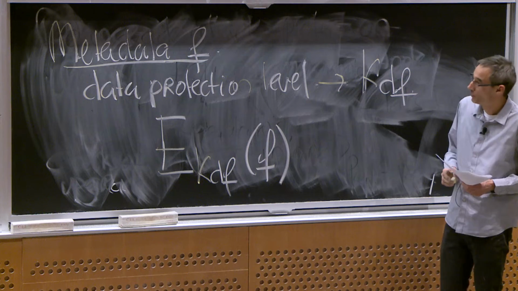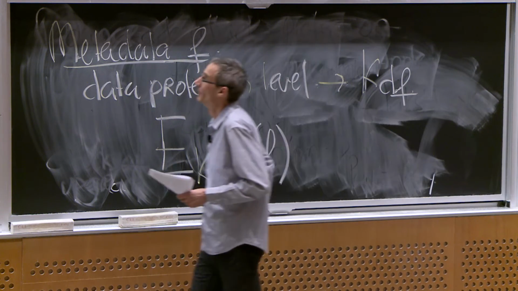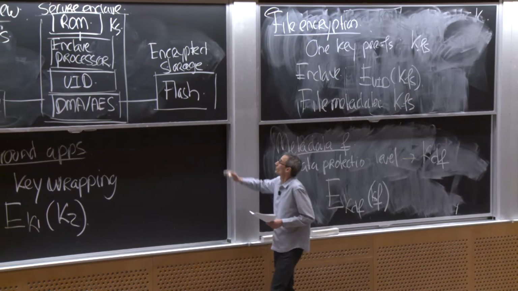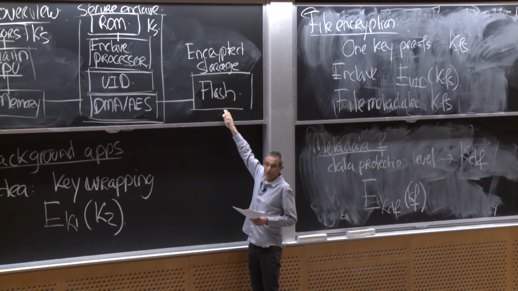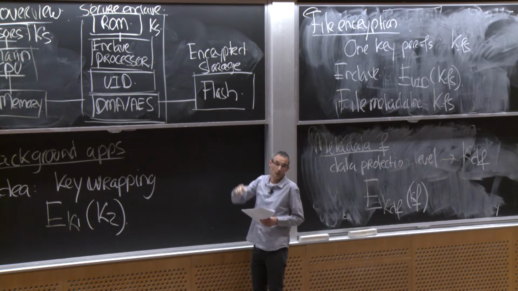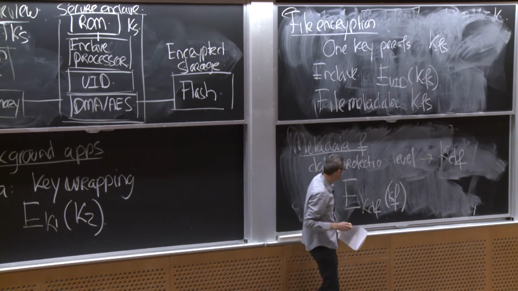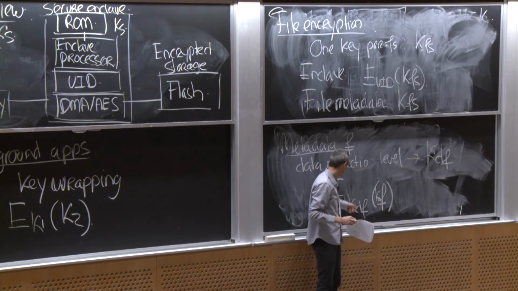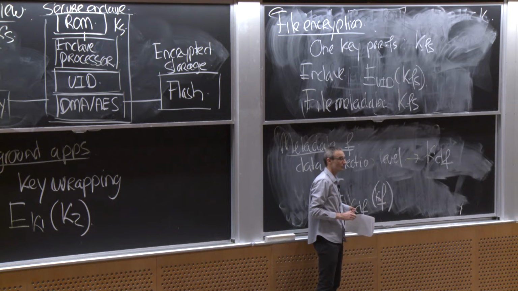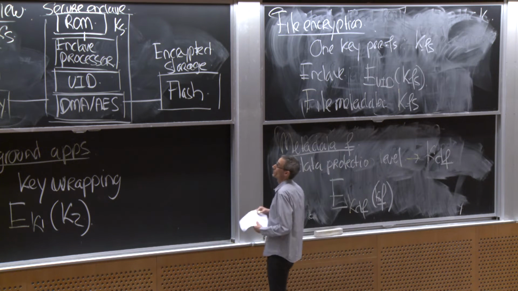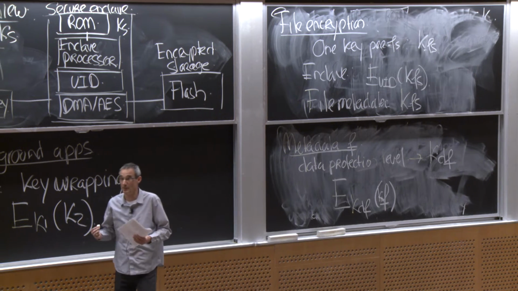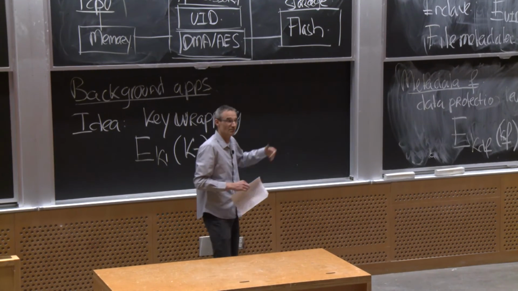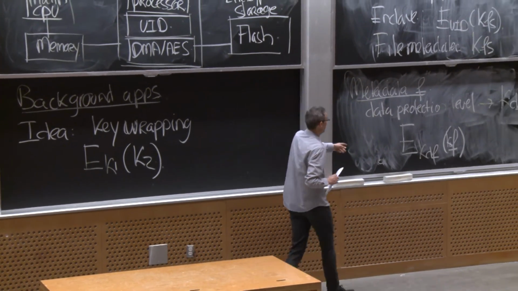So for the operating system to be able to read a file, it needs the KF. Somewhere is some file that I got stored here, that's encrypted using this KF. To get access to the KF, I need to get the KDF. Basically, the operating system has to go to the enclave processor and ask it, do you have KDF or a version of KDF, so that I can find out what this KF is.